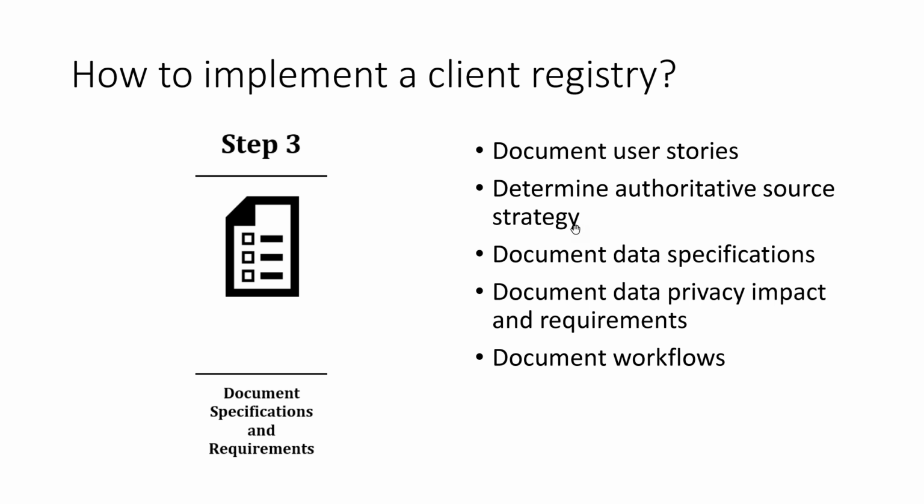And then after documenting user stories, we can also determine the authoritative source strategy. There are actually two approaches when it comes to this. The question that you want to answer is, who has the authority to change the data in our client registry? Is it the point of care, or is it the client registry? Approach one is the point of care authority approach. In this approach, the POS are the authoritative source, and they create and manage the registry updates of their records.